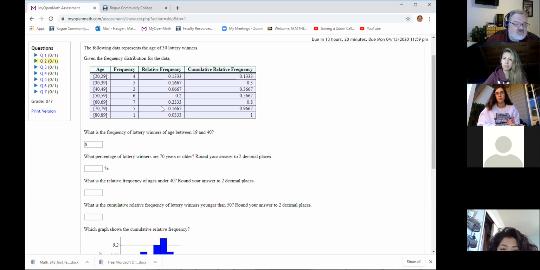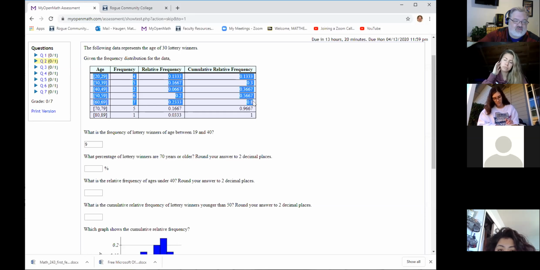If we want to know everything that is from 70 and above, well, this part of the chart is everything less than 70. So this 0.8, that 80%, if 80% is less than 70, then 1 minus 80, or 100% minus 80%, is 20%. So the rest of this had better add up to 20%.